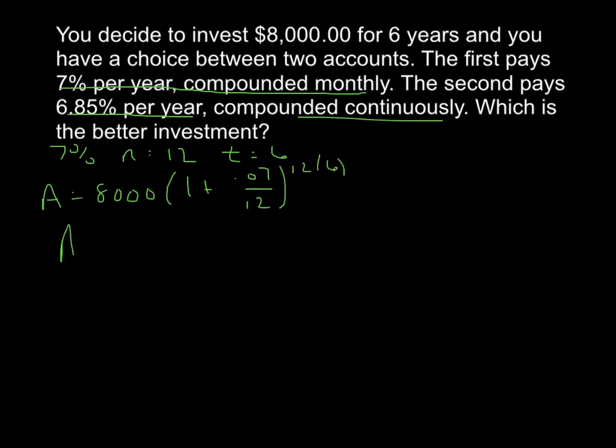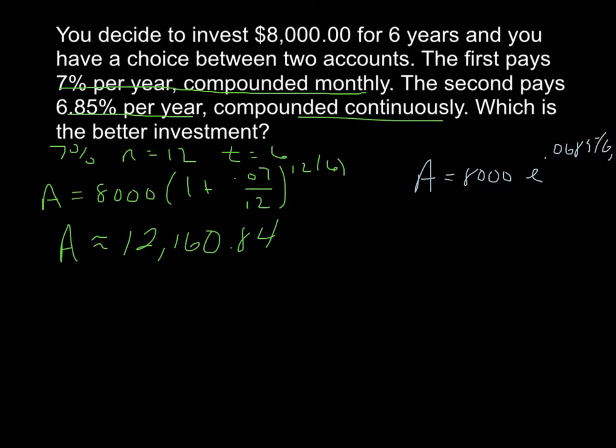When we calculate all that out, we've got $12,160.84. If we look at compounding it continuously, then the amount is the principal times e raised to the rate, which is 0.0685 times 6.